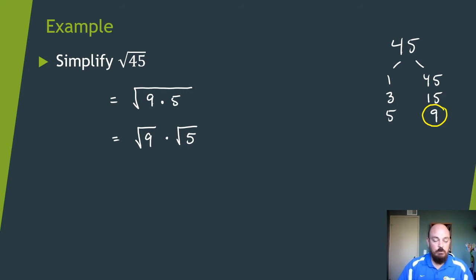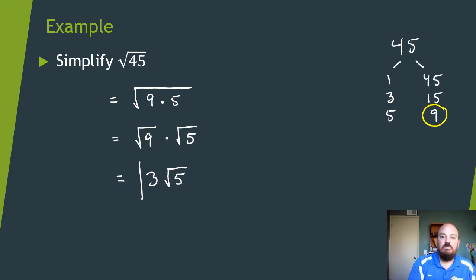Now, after you separated them, and because 9 is a perfect square, the square root of 9 is 3. That's why we picked that. That's why we picked perfect squares for this one. The square root of 9 is 3. Now the square root of 5 is just the square root of 5. We're going to leave that. And that is the simplified answer to the question.